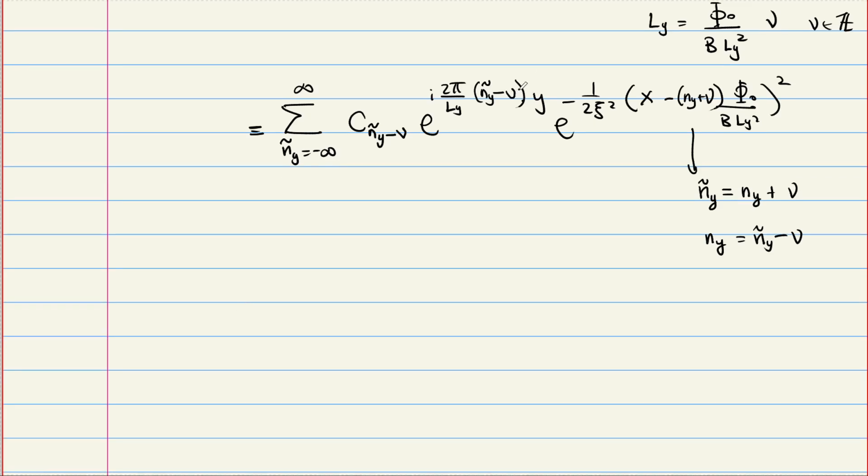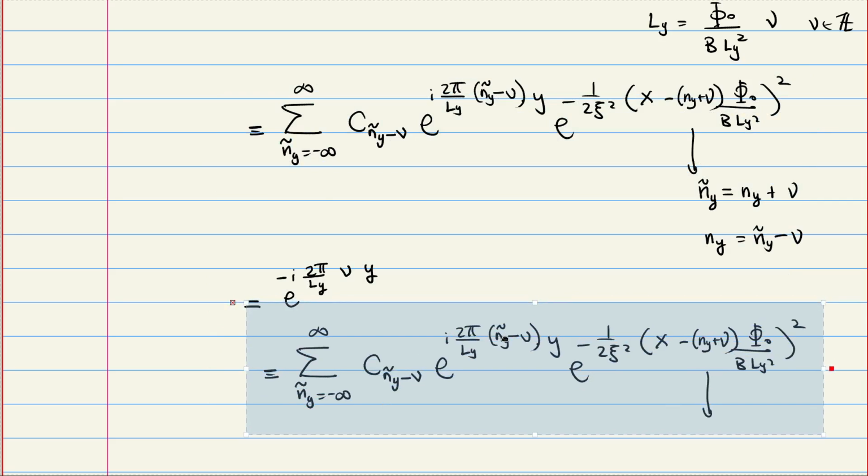Now here you can see this new form. I'm going to take it outside. So this is e to the i 2π over Ly, there's a minus nu times y, and the rest I can just write the same thing.